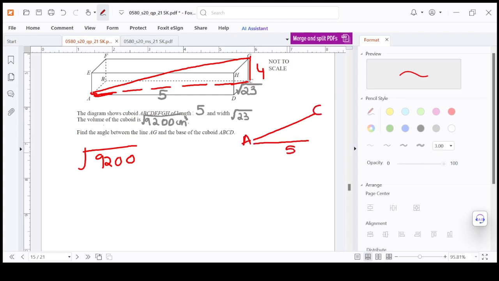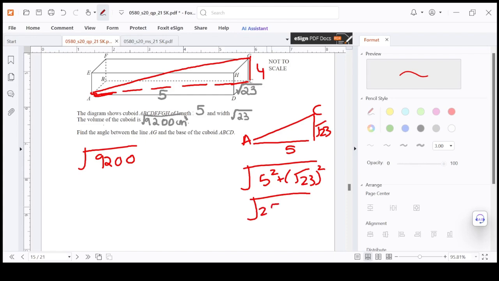That's 5 and that's square root of 23. So AC is the square root of 5 squared plus square root of 23 squared. That's 25 plus 23, that's square root of 48.